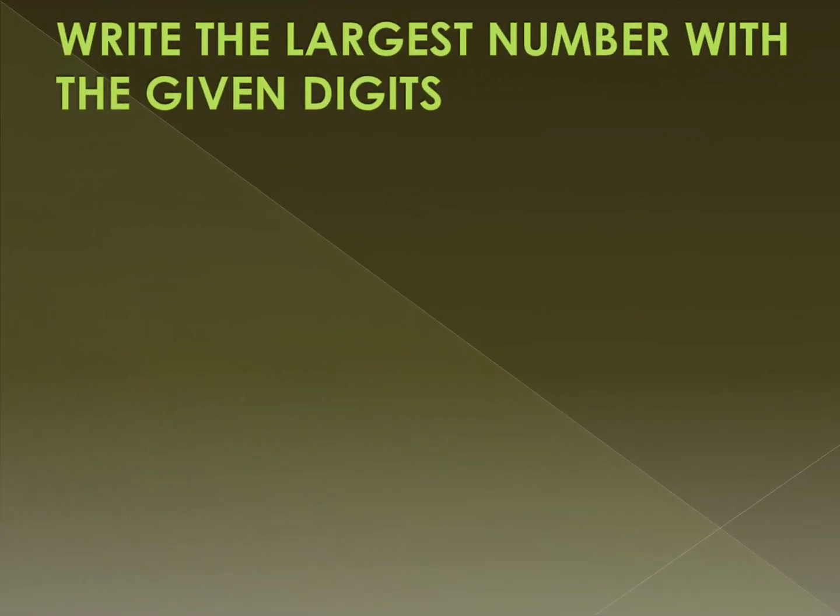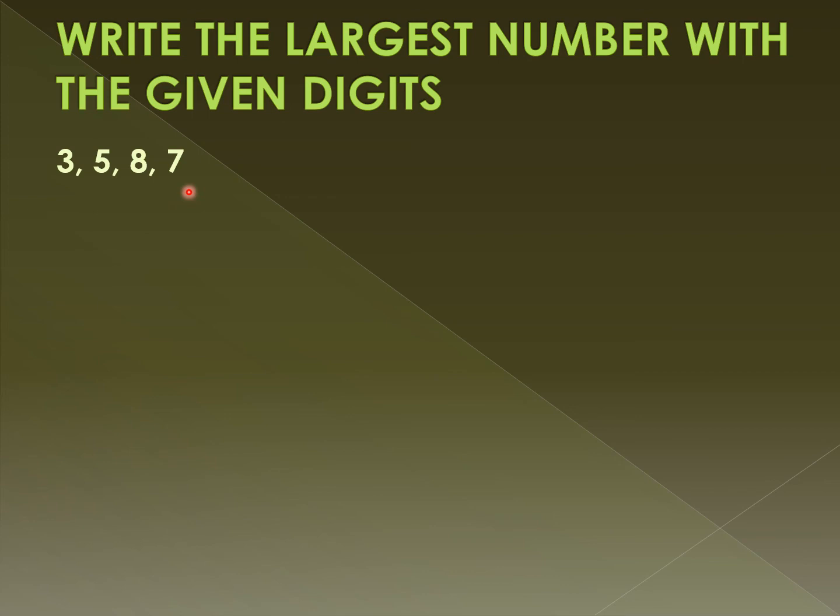Now let's look at some examples of how we can form the largest number with the given digits. So the first example is we have the digits 3, 5, 8, 7.